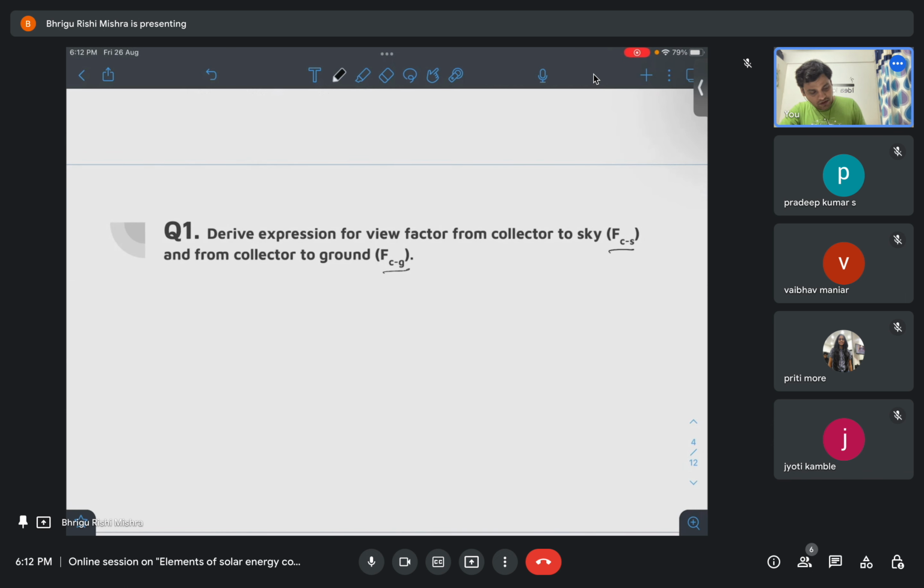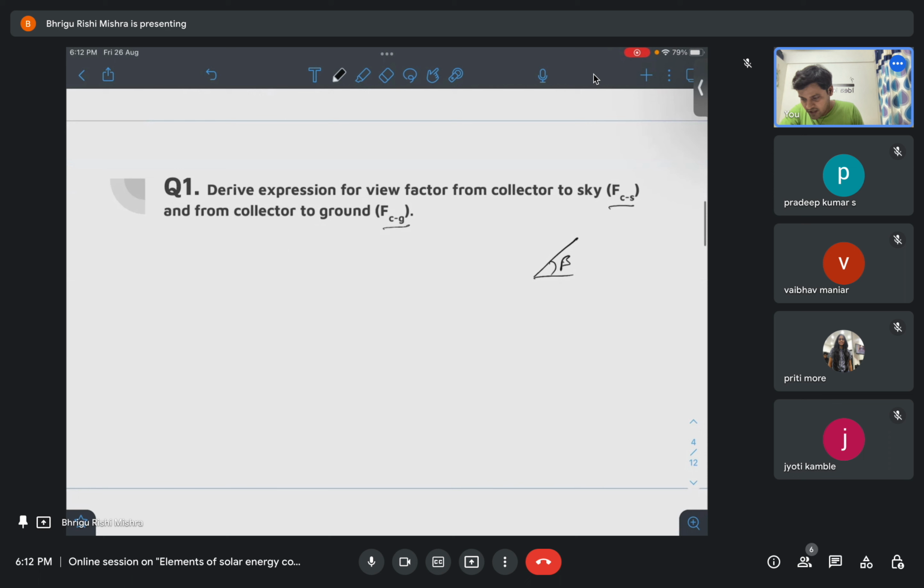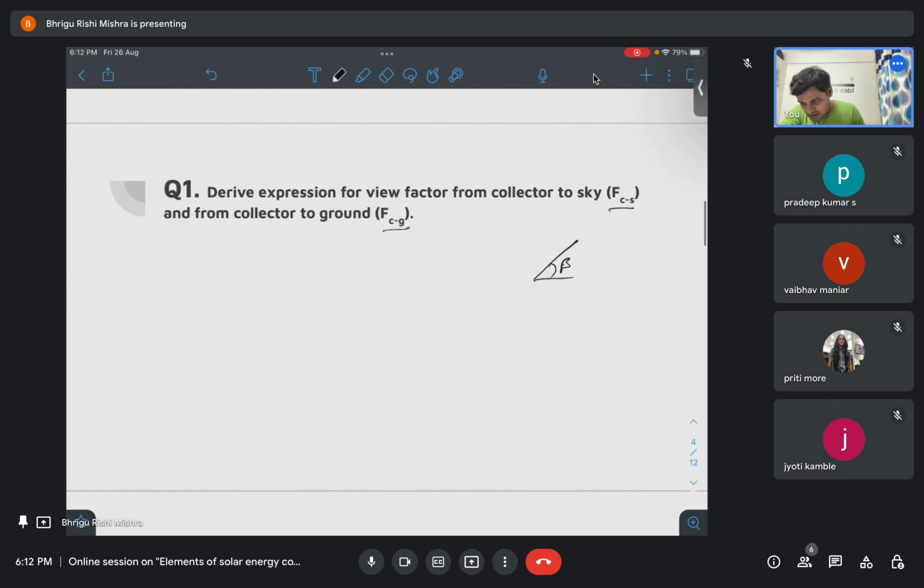Okay, so suppose the collector's tilt angle is beta. Okay, so first we should know what is view factor. Okay, so for the view factor, suppose I have two surfaces like this. Okay, this is A1 and this is A2.